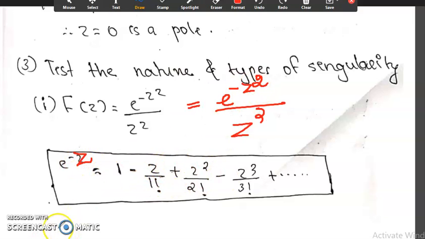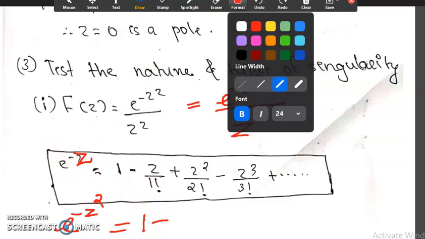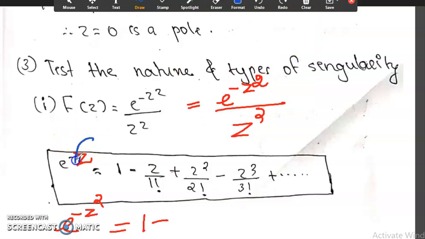So what will be e power minus z square? Replace z by z square. Here you have z, and in this place you have to replace it by z square.